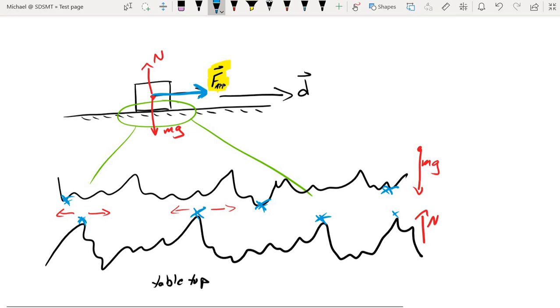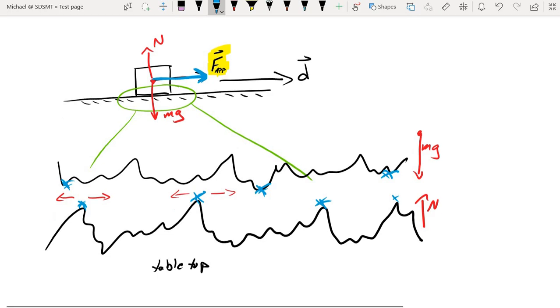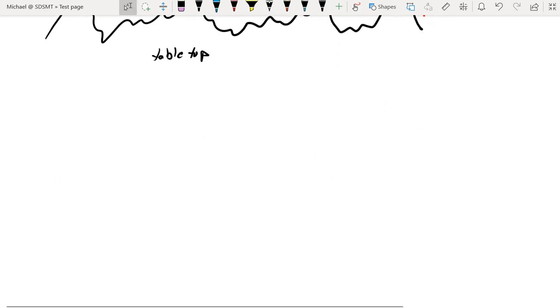And so you really start putting some effort in there. You're pushing really, really hard. You're applying a lot of force, and then finally that box moves. There's kind of a jerk motion, and all of a sudden the box starts moving and it starts sliding across the floor. So let's take that scenario and apply it to a graph.